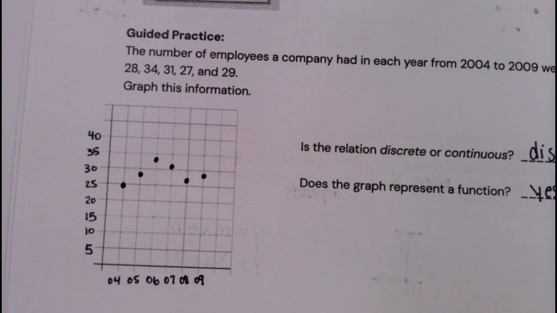Because during that year, they could have gone up in employees and then back down. We don't know. They could have just gone straight from 25 to 28. So we can't assume that. So the data that we were given is discrete. We were only given the numbers that represent when they calculate it. So that is discrete data.